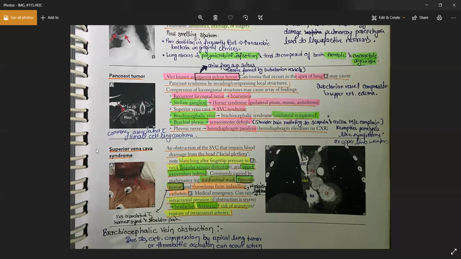For example, thymoma can also do that. Any kind of lymphoma can cause the same syndrome, but just the superior vena cava syndrome, not any other finding.